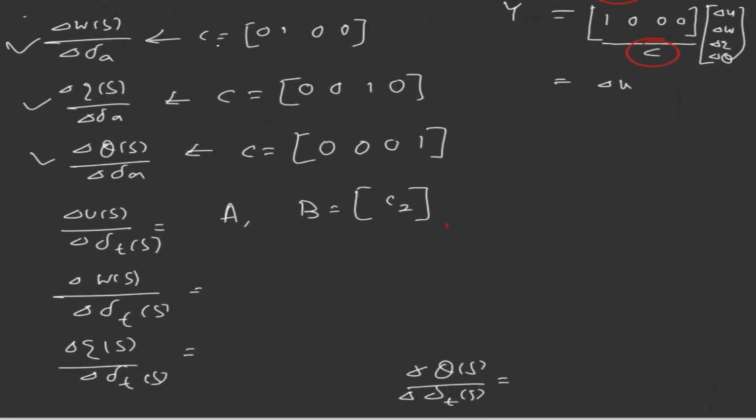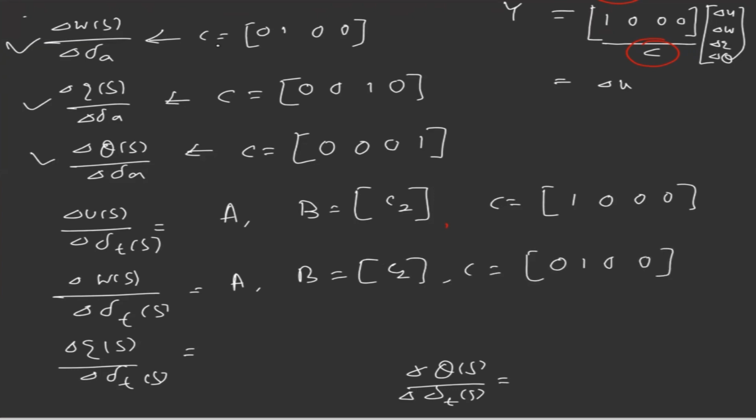And here similarly we can modify the C. For this case, C will be 1 0 0 0, and A will be the same, B will be C2, and C will be 0 1 0 0. In this case also A is the same, B will be C2, and C will be 0 0 1 0.